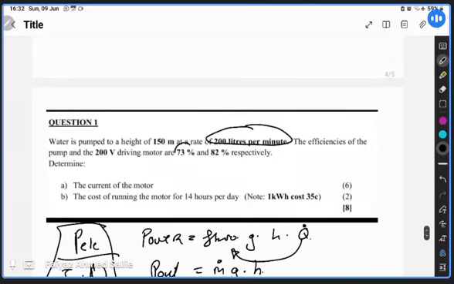Looking at the question, we have two efficiencies. We know that the overall efficiency is equal to efficiency 1 multiplied by efficiency 2.